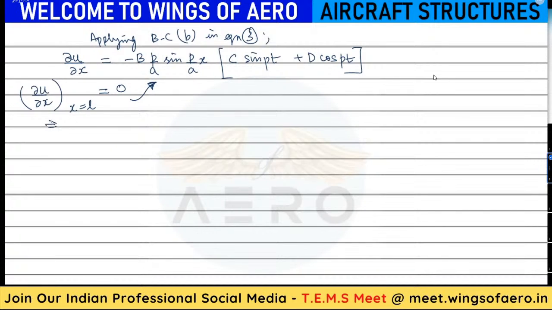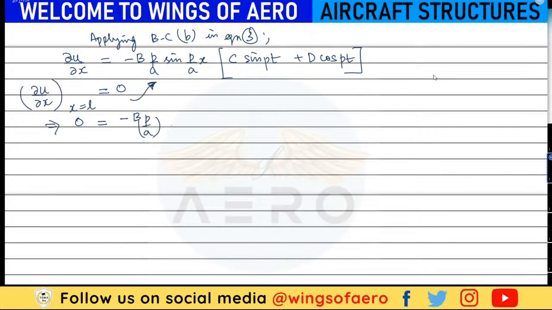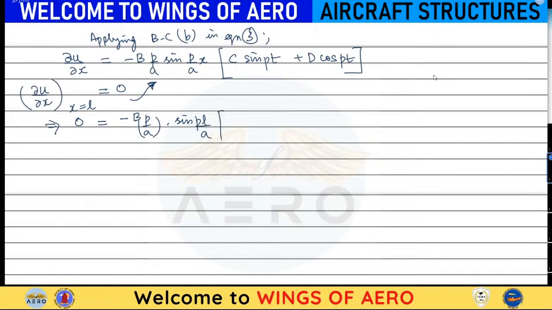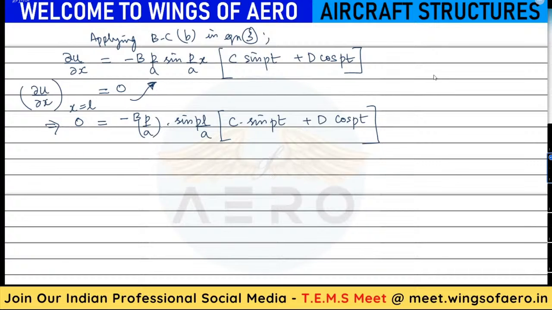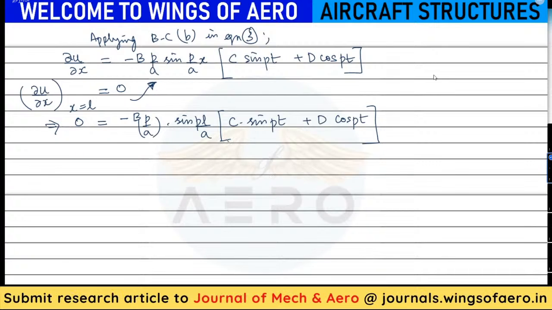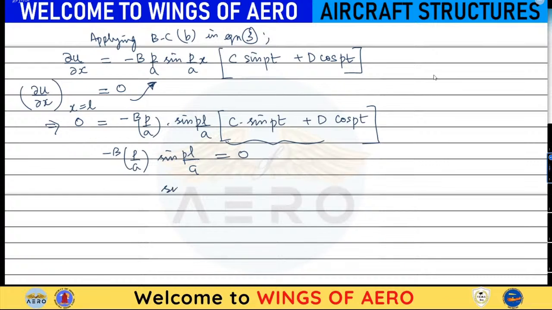So we get 0 equals minus b p by a into sine pL by a, c sine pt plus d cos pt, right? Again there's a constant term, so I can say minus b p by a sine pL by a equal to 0. Now this can be written as sine pL by a equal to 0.